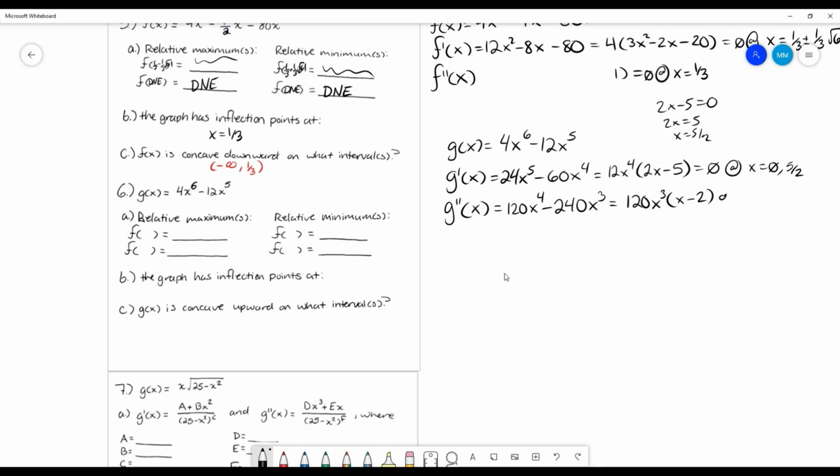This second derivative is going to equal 0 at also x equals 0 and x equals 2. So here I'm going to get negative infinity up to 0, 0 up to 2, 2 up to 5/2, 5/2 up to infinity.